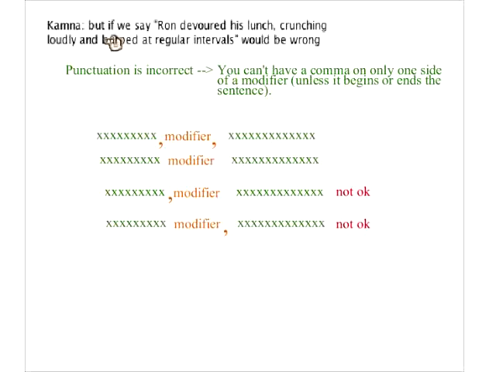So the real problem here is that you don't have a comma after that. If you put a comma here, it would make sense if you didn't think that the burping was connected to eating lunch. I mean, that would still be weird. It still doesn't seem to be very logical because the clear intention here, at least to me, is that those two things were going on during lunch.